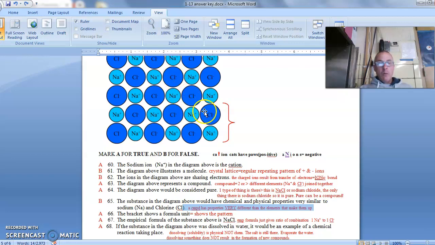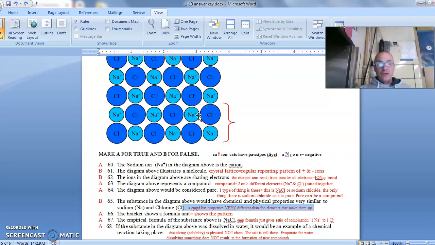Chlorine is a yellow, poisonous gas. When they join, the sodium is no longer a silvery, soft metal. The chloride is no longer a gas. They form a very brittle solid called a salt. Metals are bendable. A salt is very brittle. It's not bendable. Their properties change.